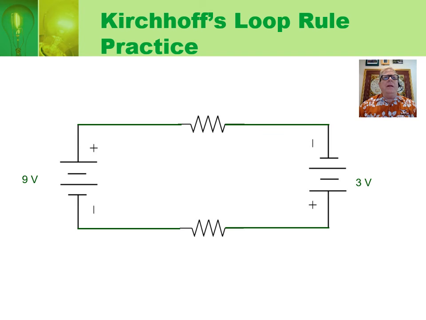Okay, so looking at the circuit, we see that on the left side, if we were to start at the lower left and go up, we would gain 9 volts in that battery, and then we would have some potential difference dropped across that resistor. And then you'll notice that we're going from the positive to the negative side of the battery. If you keep going in the circuit the way the charges would go, if we go from the positive side of the battery to the negative side of the battery, we're actually losing 3 volts.